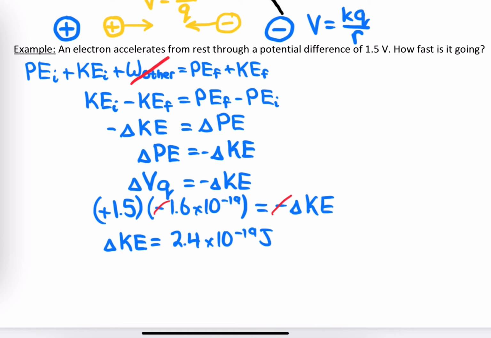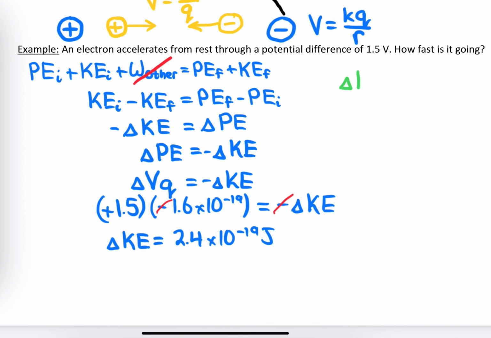Let's switch to a different color here. Change in kinetic energy is kinetic energy final minus kinetic energy initial. I'm just basically undoing what I did over here. Because this electron was accelerating from rest, I can say that the kinetic energy initial is 0.